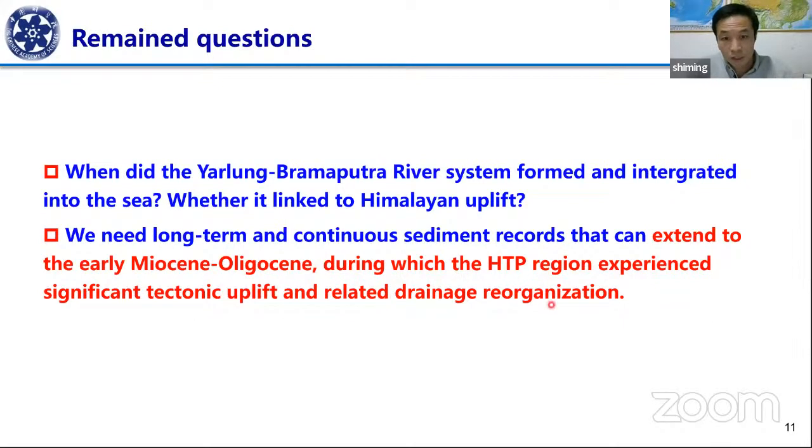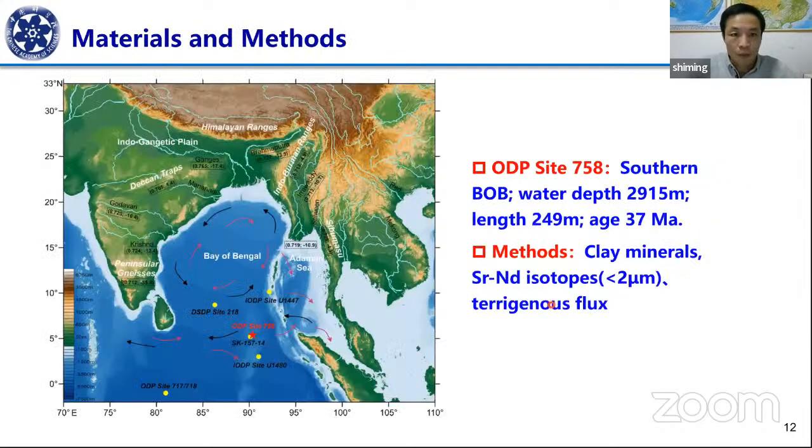there occurred drainage reorganization. The material we used is from ODP Site 758 in the southern Bay of Bengal on the Ninetyeast Ridge, with a water depth of around 2,900 meters. The core length is around 249 meters, with a bottom age of around 37 million years, the late Eocene.